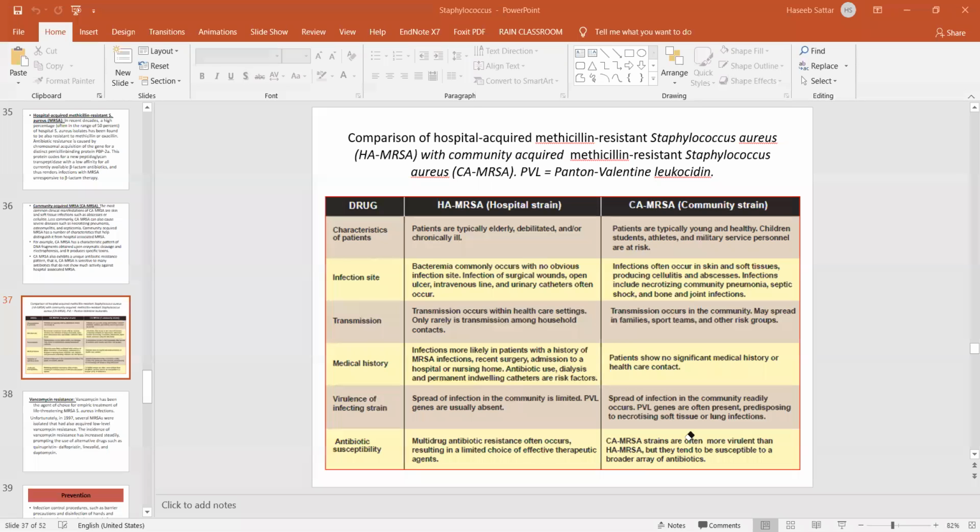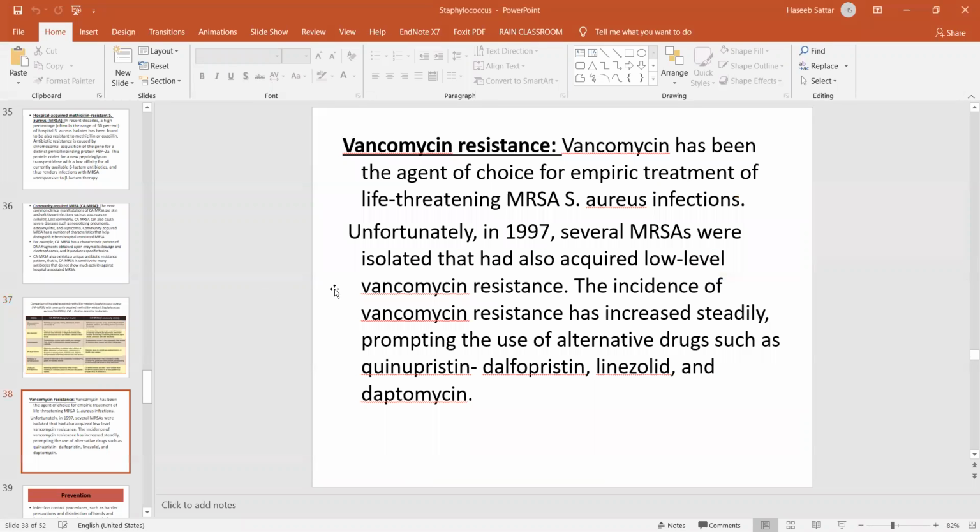While in community acquired, only methicillin resistance is there, but the bacteria can be sensitive to other antibiotics, not like hospital acquired MRSA. So these are the differences between hospital acquired and community acquired MRSA infections.